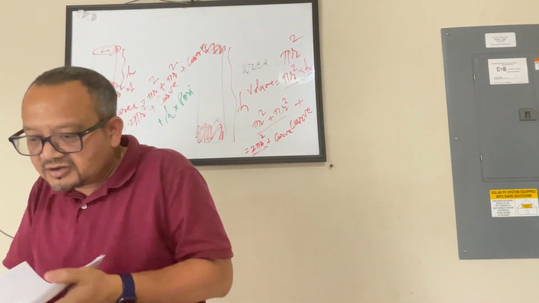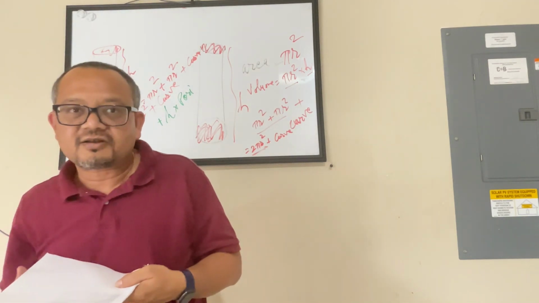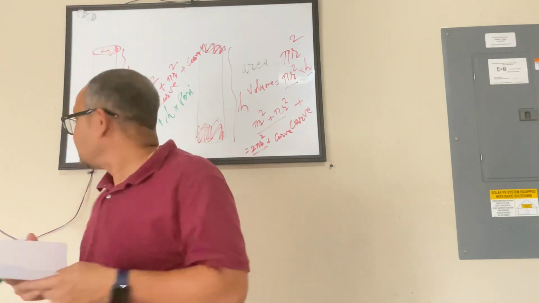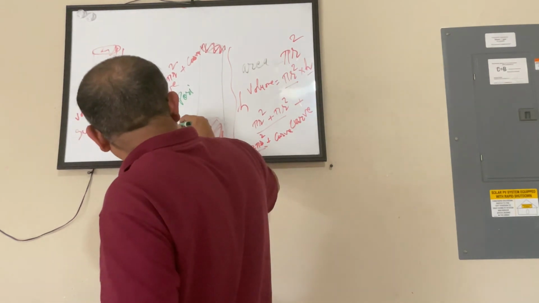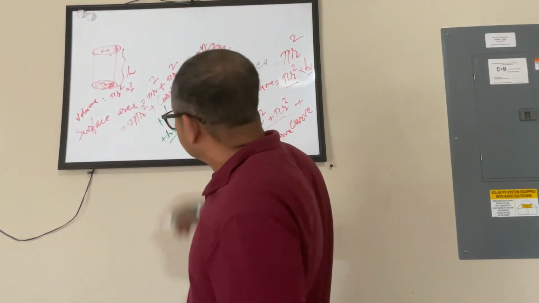The perimeter of a circle is 2 pi r, right? So this is h, the height, into 2 pi r. So this becomes 2 pi r h.